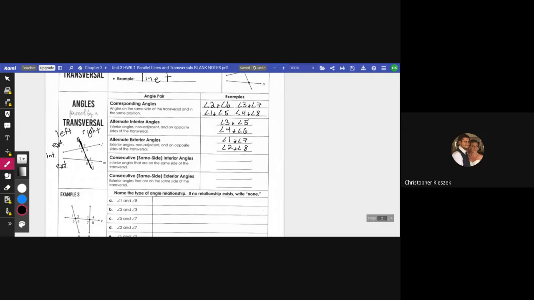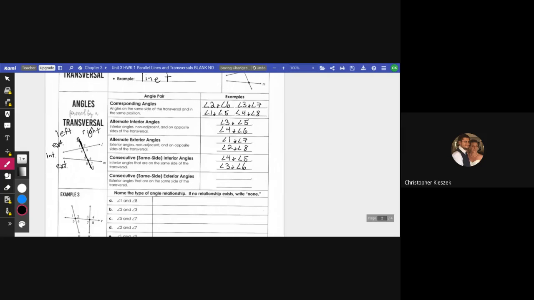All right, how about consecutive, or sometimes called same-side interior angles? They are interior angles that are on the same side of the transversal. So if I start with angle 4, that will be same side interior to angle 5. Likewise, angle 3 would be same side interior to angle 6.